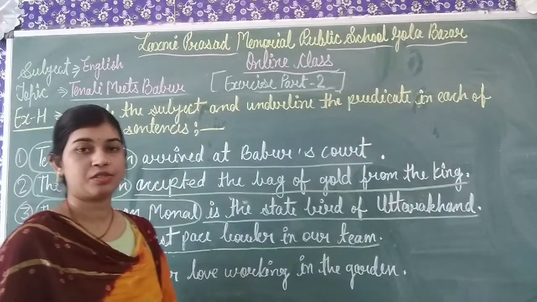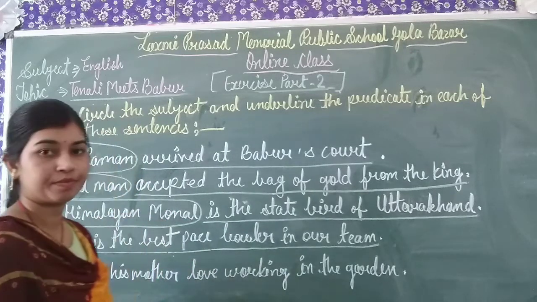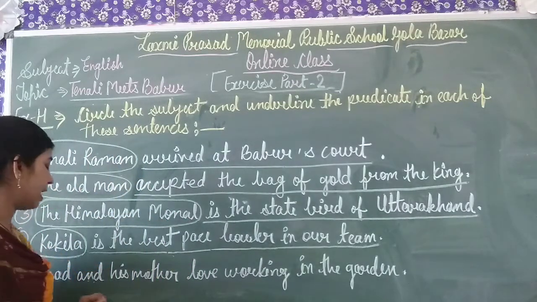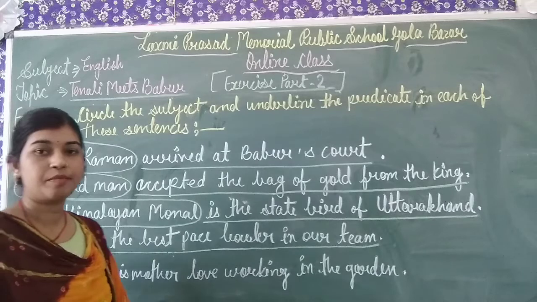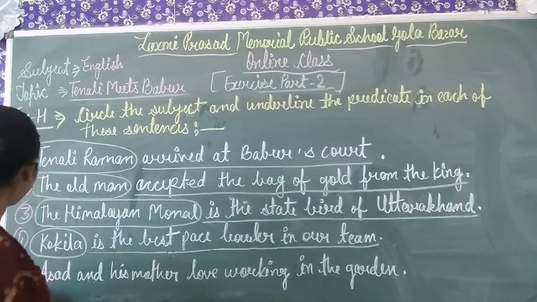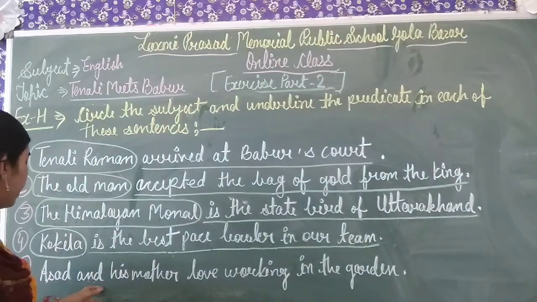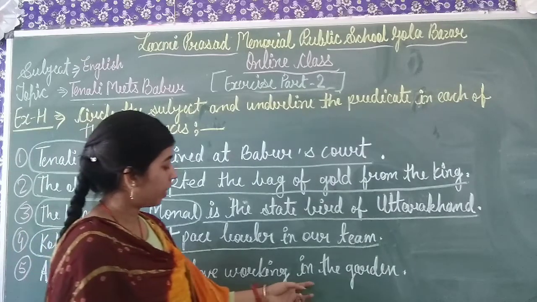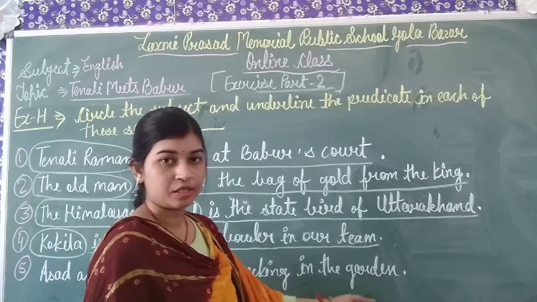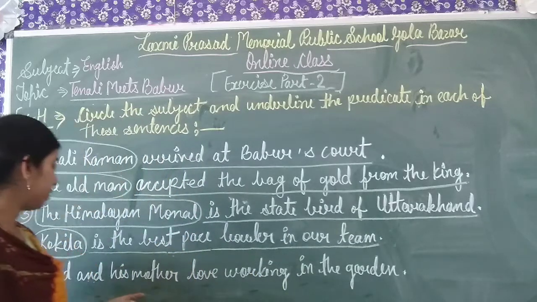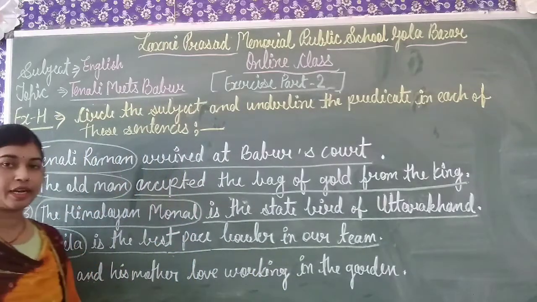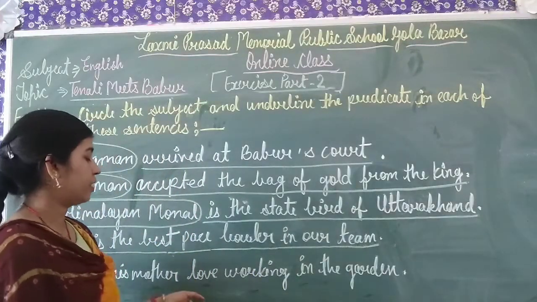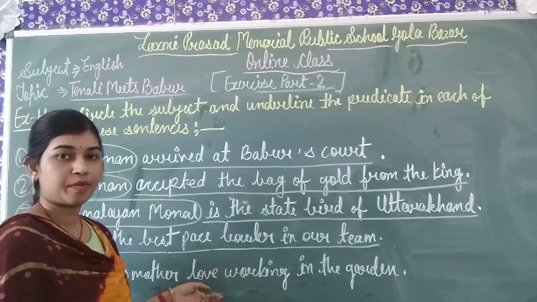Okay. So students, now next and last, number 5, and number 5 is Asif and his mother love working in the garden. So students, tell me which part of this sentence is subject and which part of this sentence is predicate.